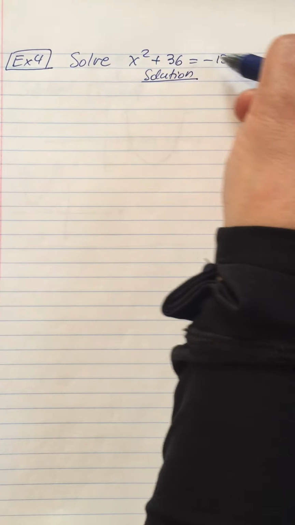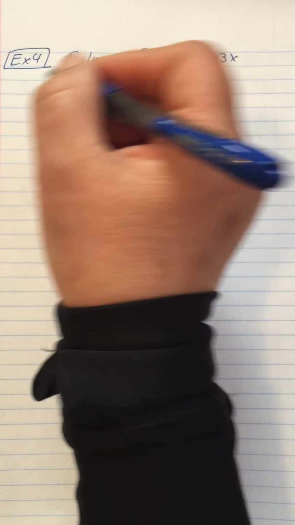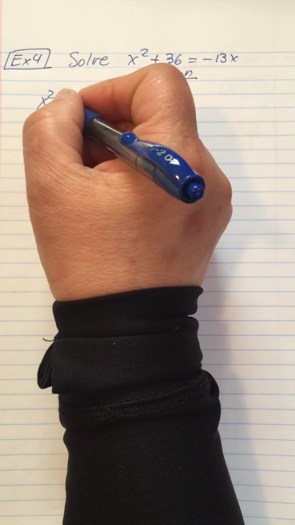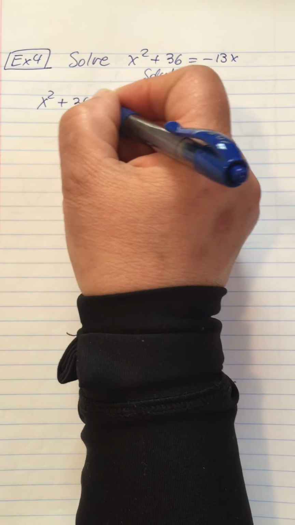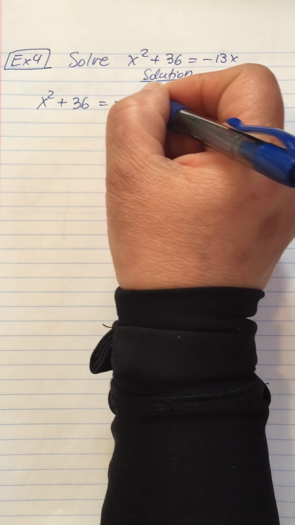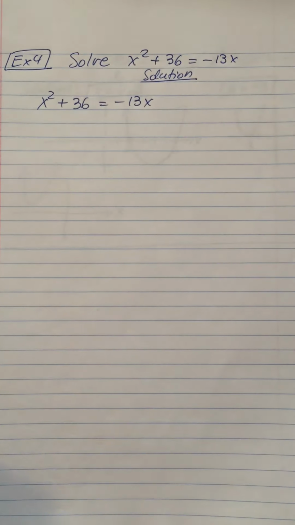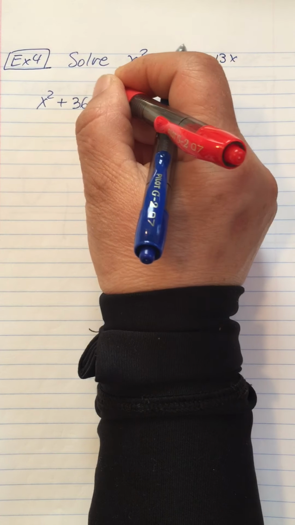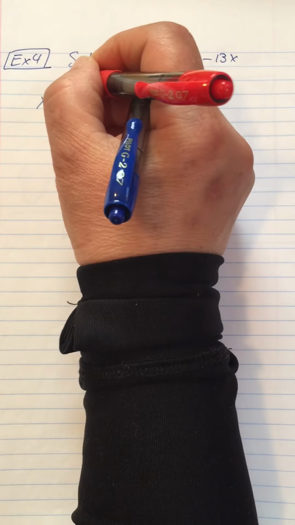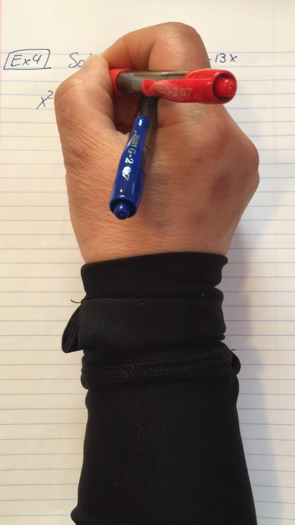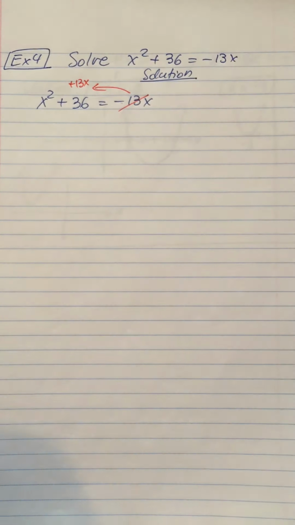I need to send negative 13x to the other side. Let me rewrite it again. X squared plus 36 equal to negative 13x. I will send 13x to the other side by changing the sign, and it will be positive 13x, and there I will have a 0.